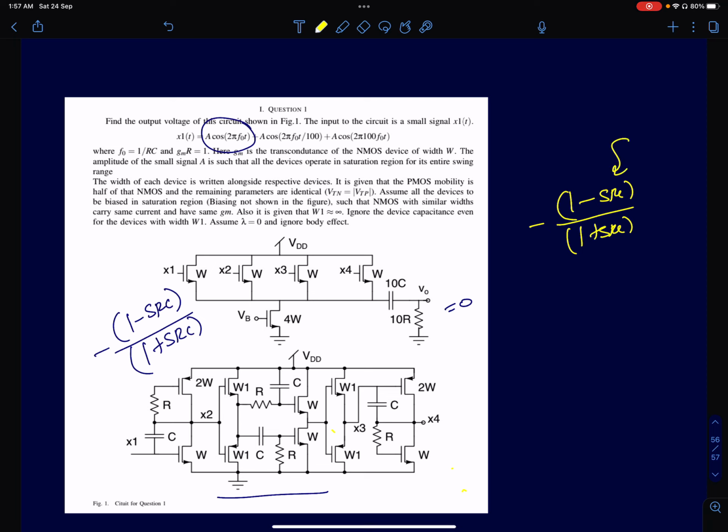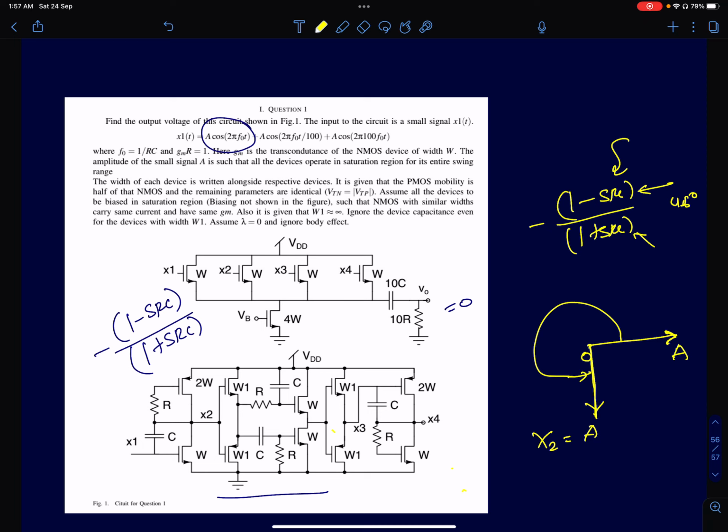Because it's matching 1 by RC, the numerator gives minus 45 degrees, and the denominator will cause a minus 45 phase. So total phase shift will be minus 270 degrees. On a phasor diagram, I'm going to assume this is 0. So I'll show it as a vector with a magnitude of say 1. Assume X1's magnitude is A. This will be shifted by minus 270 degrees. So I'm going to rotate it here. So this is your input. X2 will be A, but it's shifted by 270 degrees.